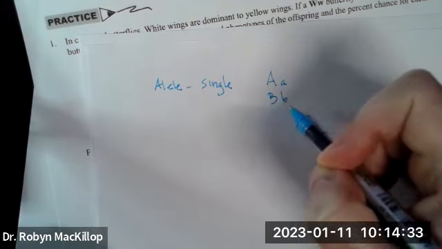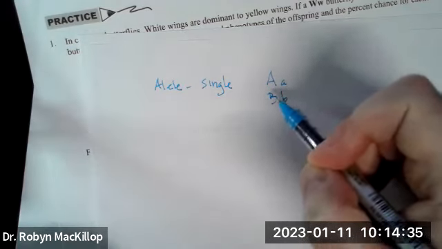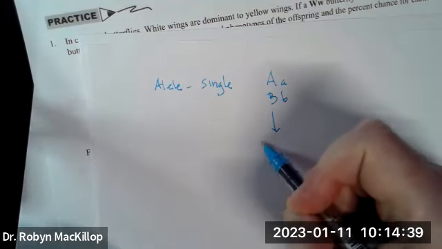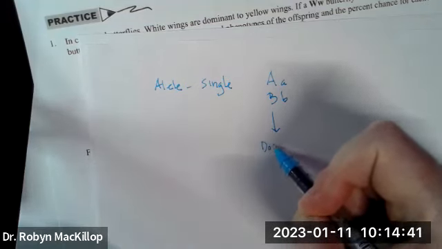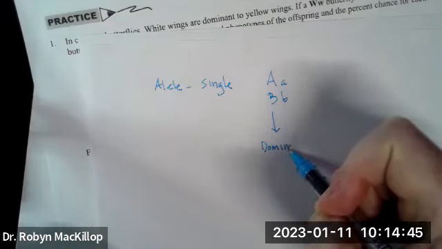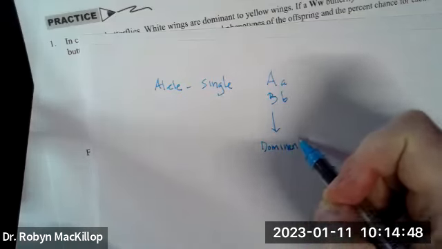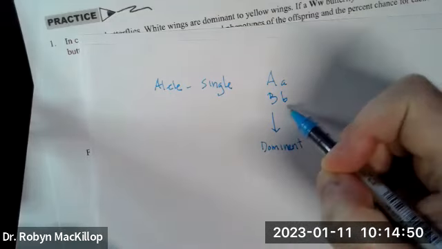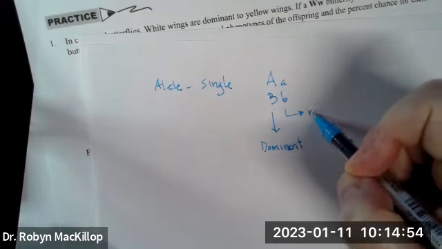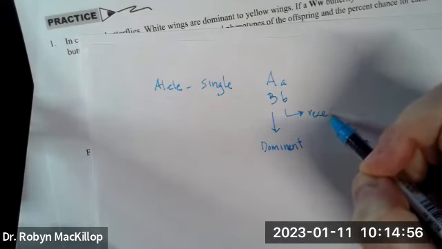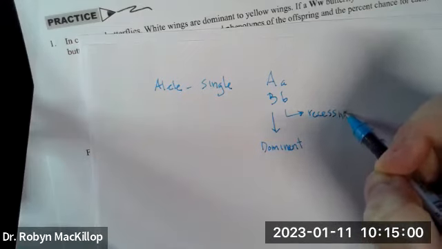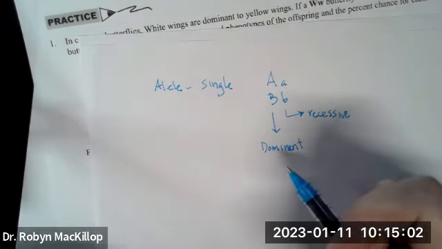It's big, little, big, little. Any letter that is capital is dominant. So whatever trait it's representing, that's the trait you're going to see. And then recessive, you only see recessive traits if somebody has 2 recessive genes. And we'll talk about that in a minute.